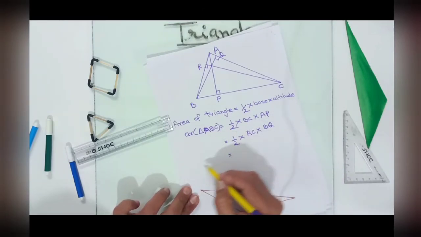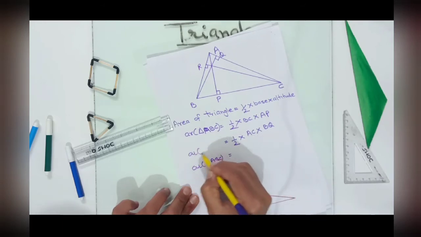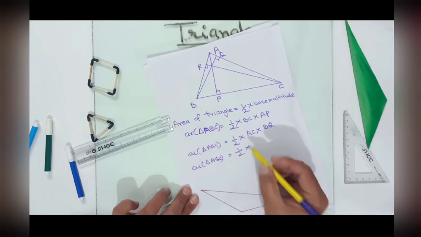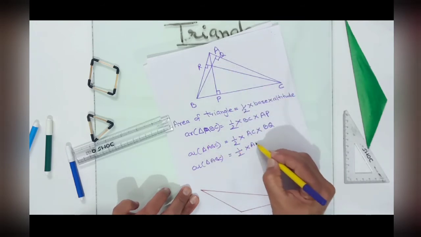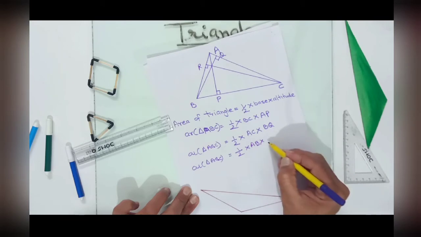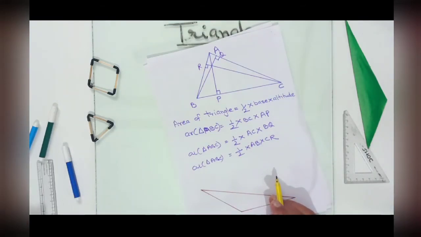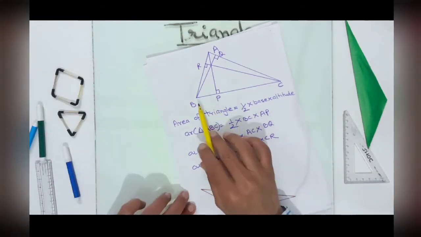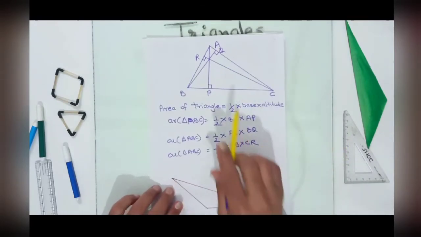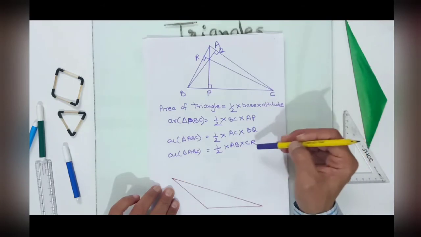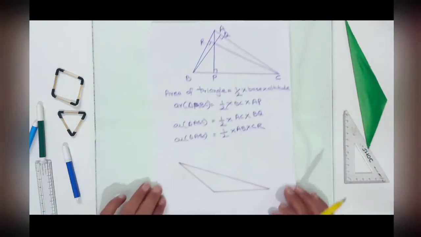Again, the area of triangle ABC can be written as half, and in this case, base is AB and the corresponding altitude is CR. So in this way, any one of these can be considered as base, BC, AB or AC, but whenever we have to take altitude, the corresponding altitude is considered.